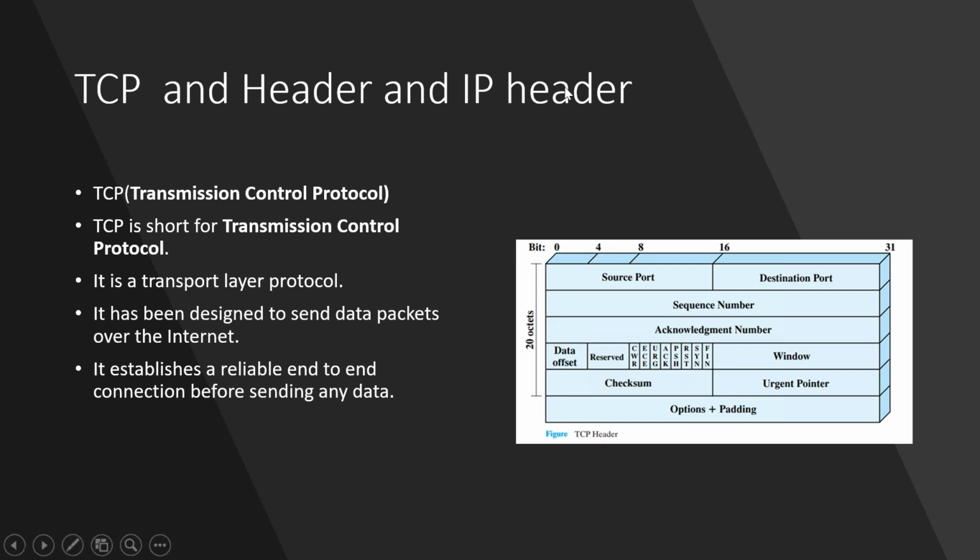These flags are specially used for establishing the connection and termination. The FIN packet will be used during the termination process. As I said, four-way termination. What happens? The client will send FIN, which means this flag is set to 1 and all the others are 0.